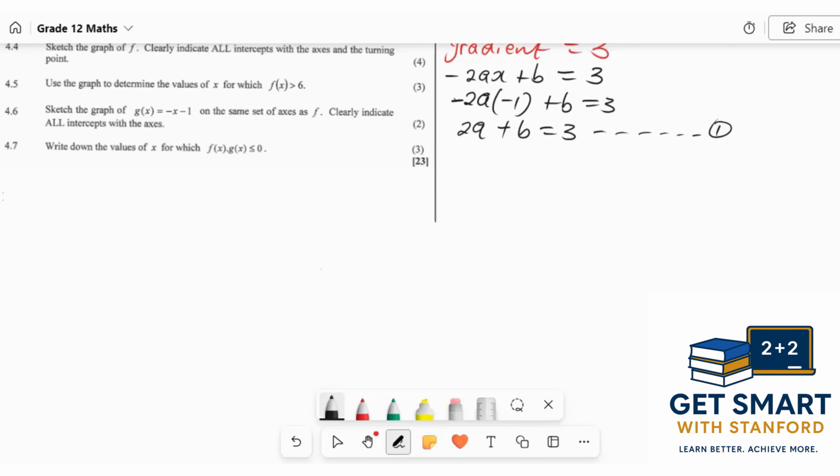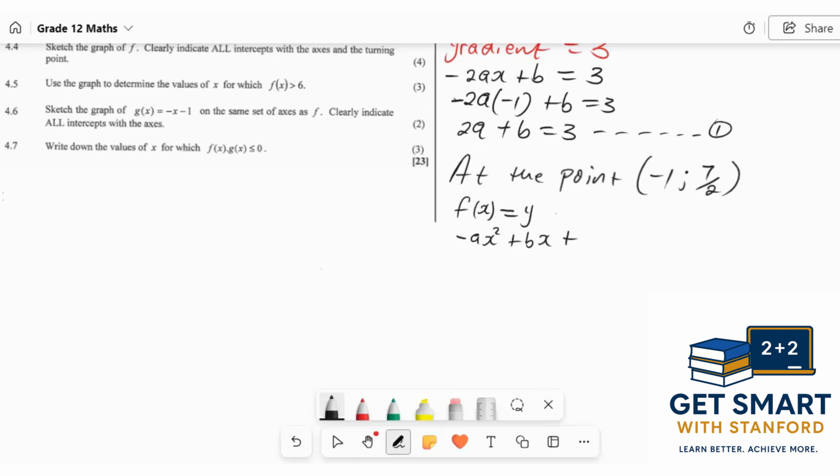At the point that we are given, minus 1 and 7 over 2, using the original equation, f of x, which is also equal to our y value, what is f of x? f of x is minus ax squared plus bx plus 6.